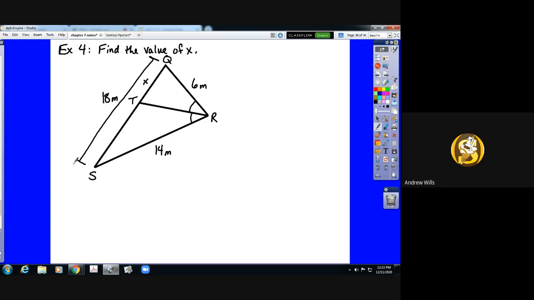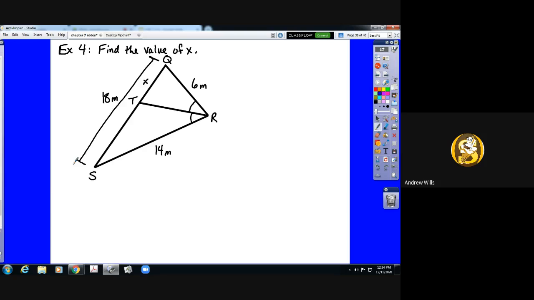How long is ST? Everything except for the B I agree with. 18 minus x. Very good.